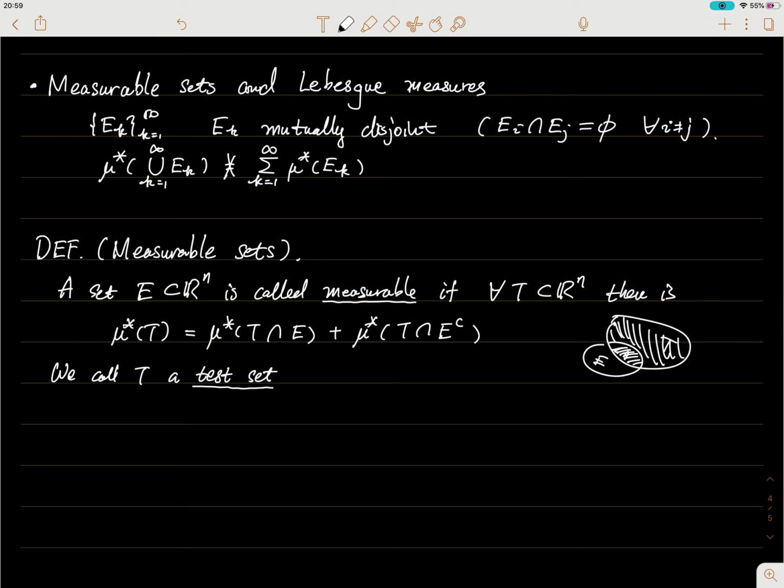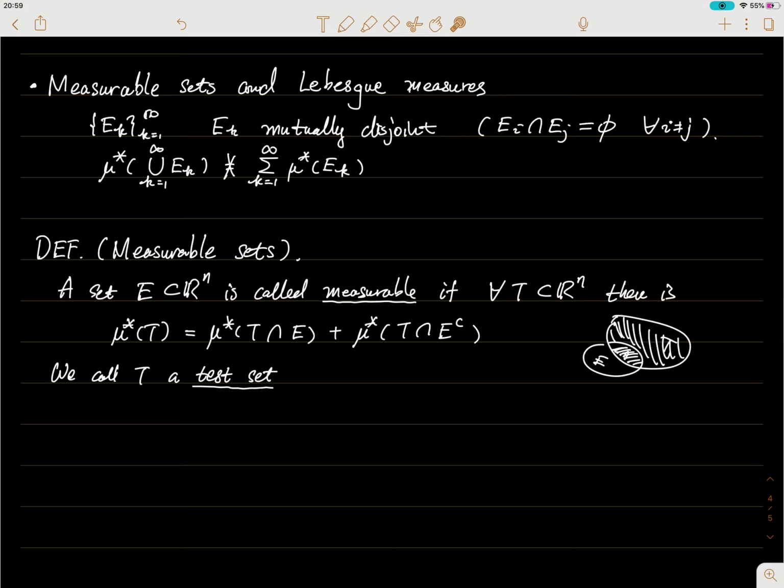So the first term gives the outer measure of this area, and the second term gives the outer measure of this area. So if for any T, the outer measure of T is equal to the sum of the measures like this, then we can call E a measurable set. Here T can be any set. So this needs to hold for any T. It doesn't matter what this T is. In this case we call E a measurable set.